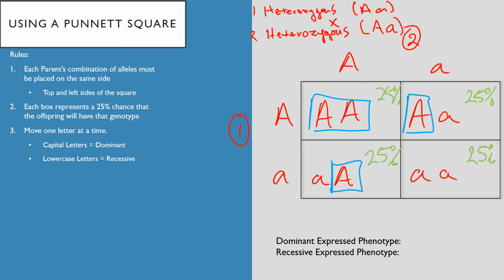And so dominant expressed phenotype is going to go up to 75%. 75% chance that I should have had brown eyes. But right here, we can see we have a homozygous recessive. And so there's a 25% chance of getting blue eyes.